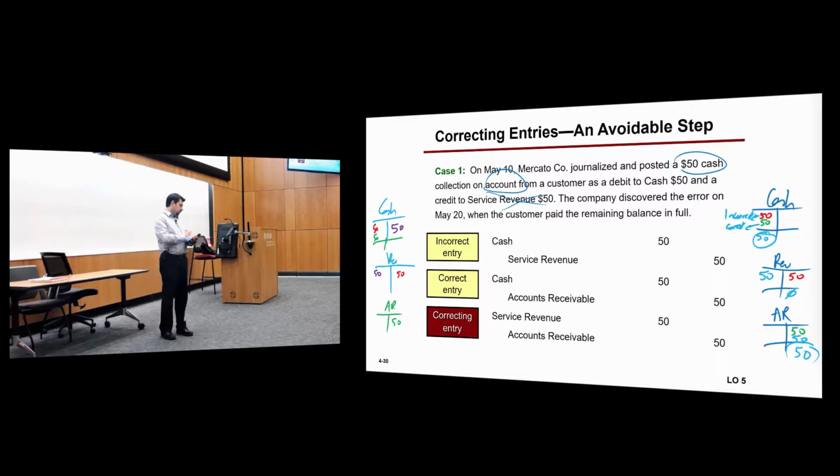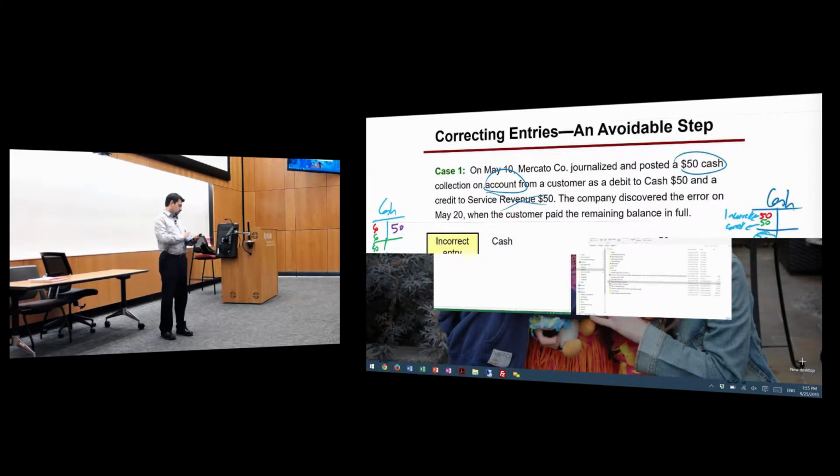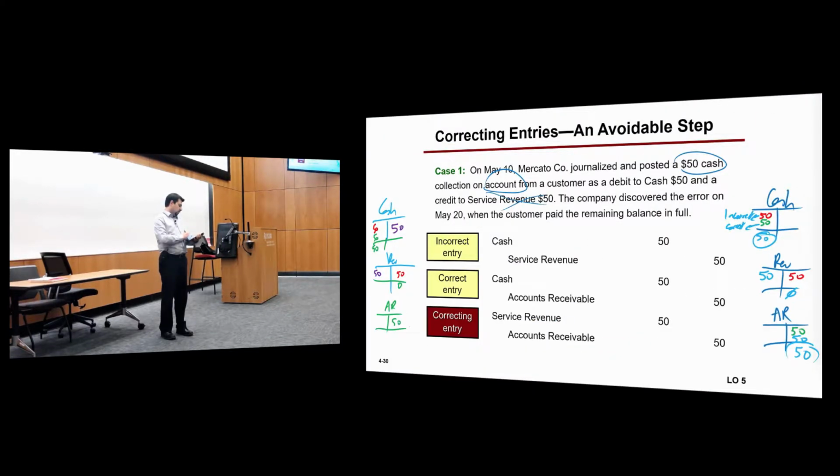It's 100 minus 50. So it is 50. What's the balance for revenues? 0. What's the balance for accounts receivable? Credit of 50. In this case, this is what you need to do. You debit cash, etc. So what did we have to do? This is the correct one. Okay? So in this case, what was the correcting entry?